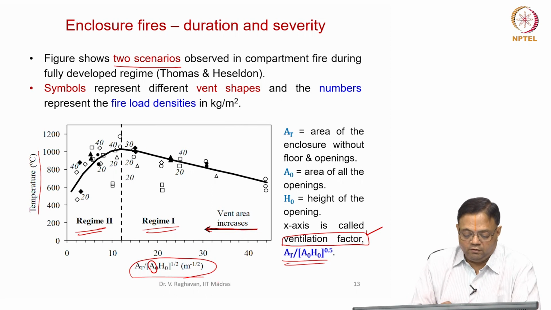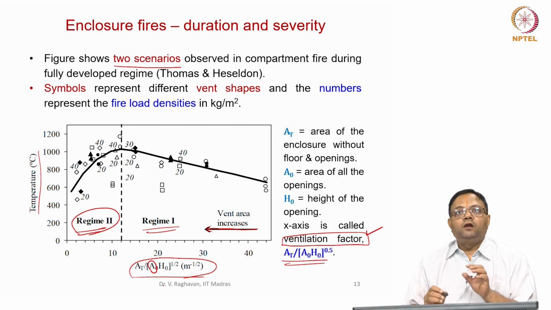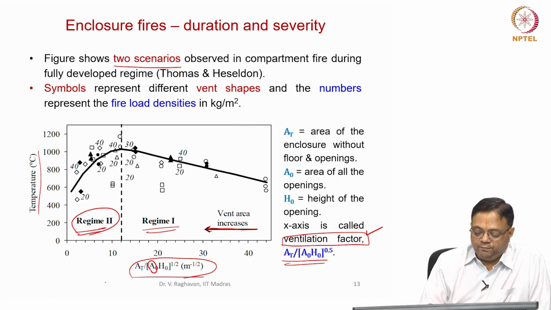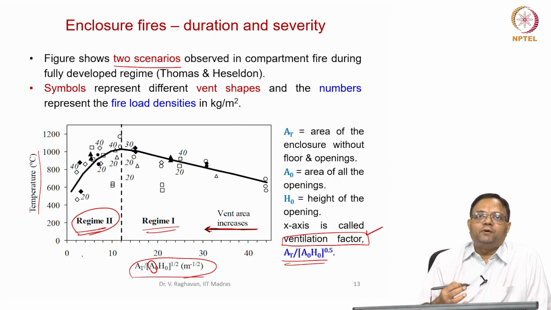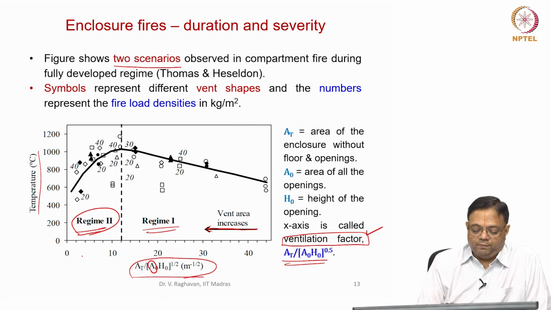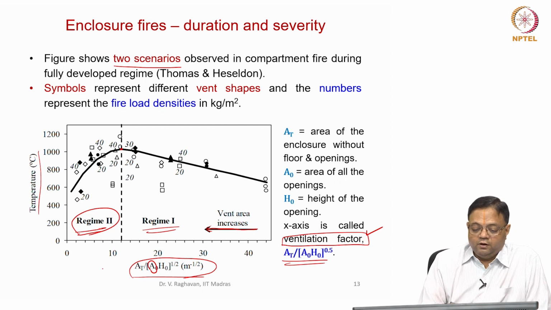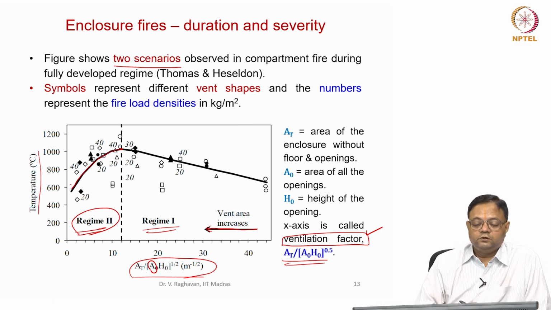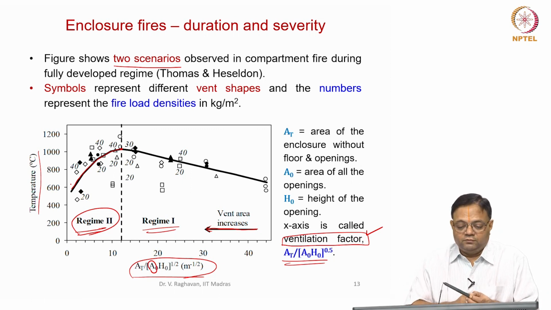Okay. So when, let us go to regime 2, fuel starved condition, because in this regime the ventilation area is higher, lot of oxygen can be there within the compartment. So what happens in this regime? So start from a particular point here, then as the ventilation increases, the temperature drops because of more and more air. Air means nitrogen also comes in.